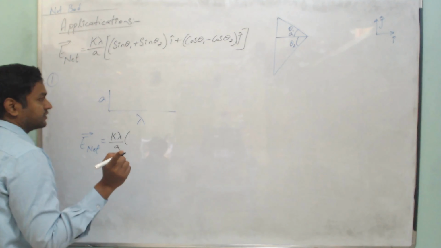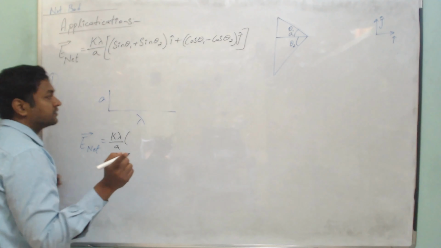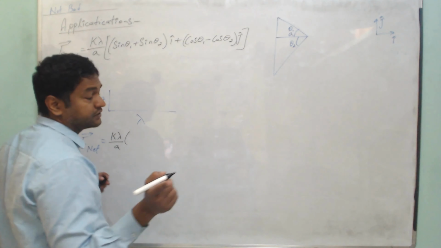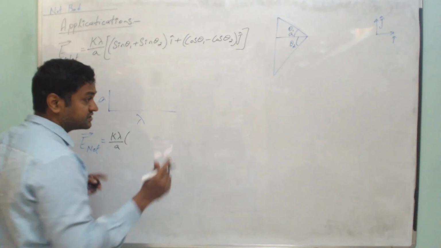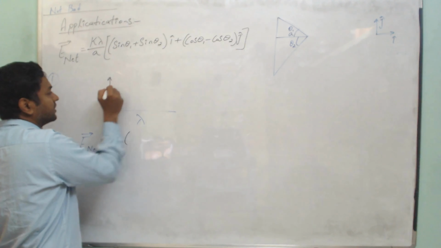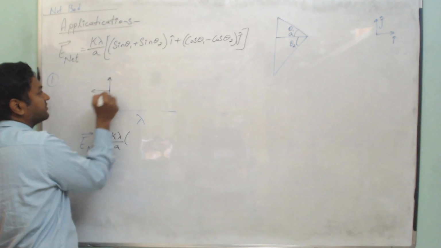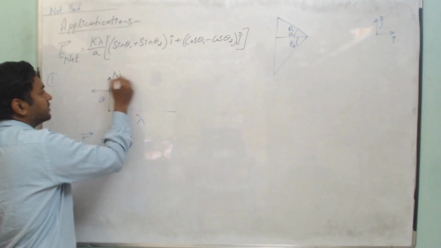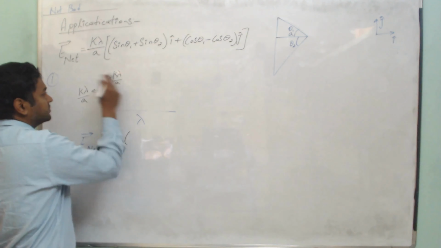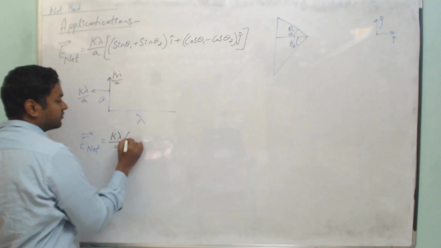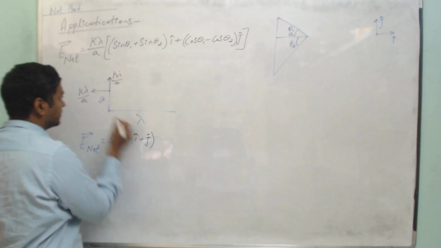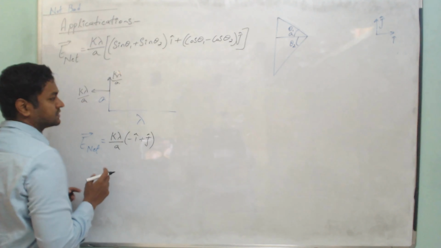See, remember, if you look at the semi-infinite wire that we've done just now, one I had away from it and the other fellow also I had away from it, and both are K lambda by A, right? Yes, sir. So this direction tells me what? Minus I cap plus J cap. Yes, sir. Is this clear?